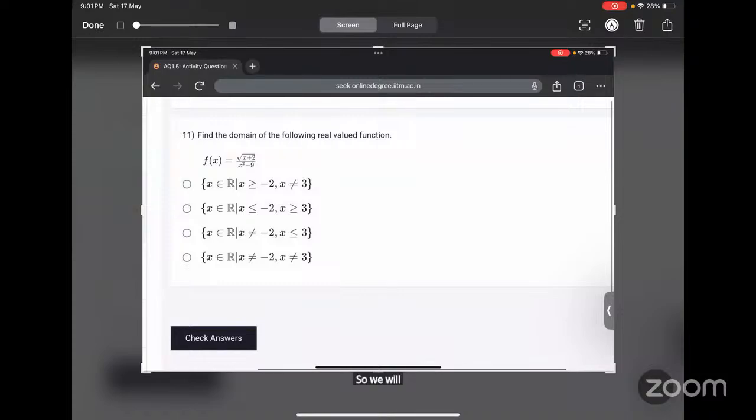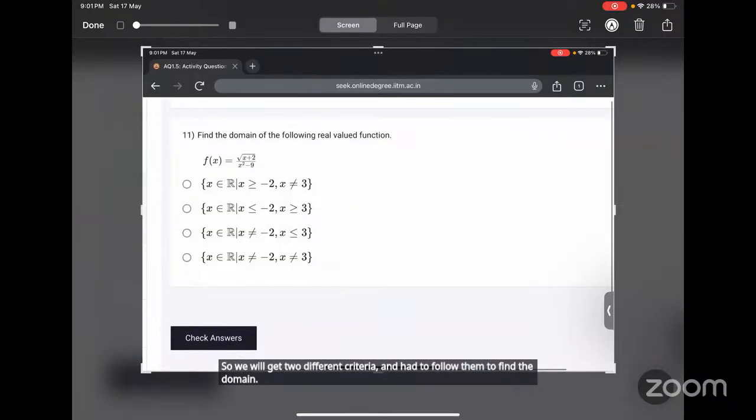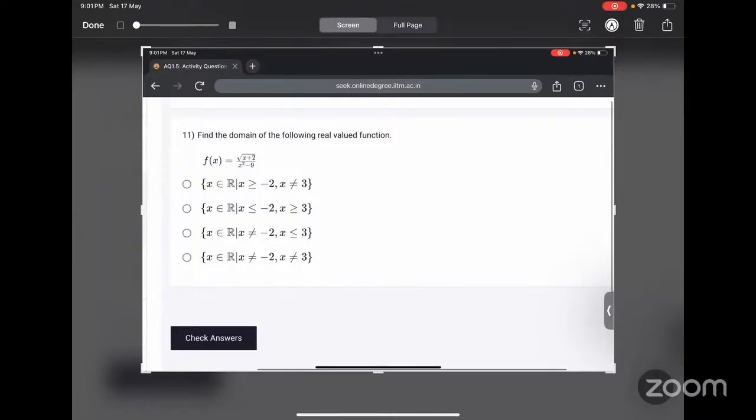So we will get two different criteria and have to follow them to find the domain. What is the domain? Just one step. You can do it. Is it the first option? Okay, you're saying it's the first option. Okay, let us check.